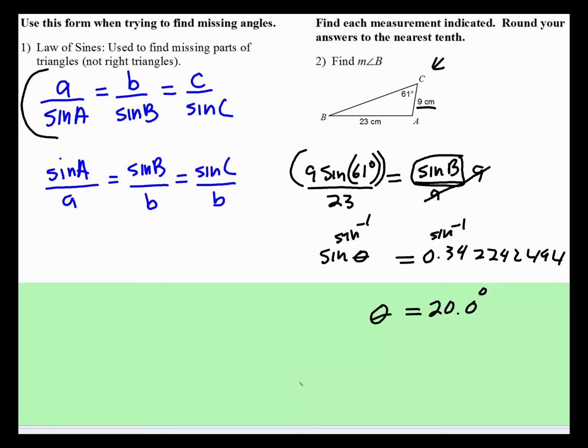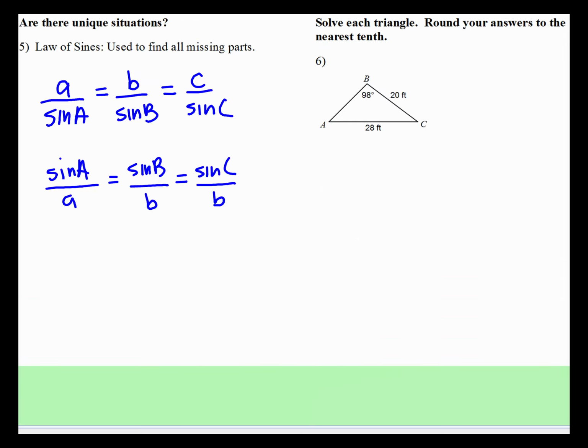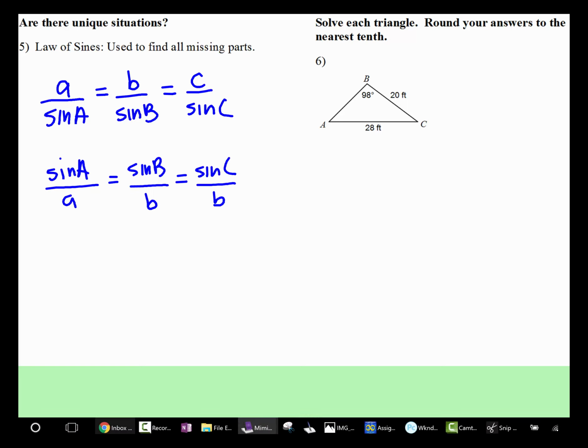So the measure of angle B is about 20.0 degrees, just like that. All right. And this time we're solving all of it. Okay, I'm going to stop this video and we'll go on to the next.